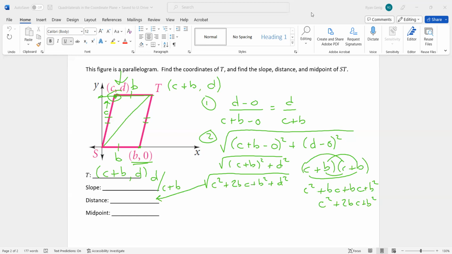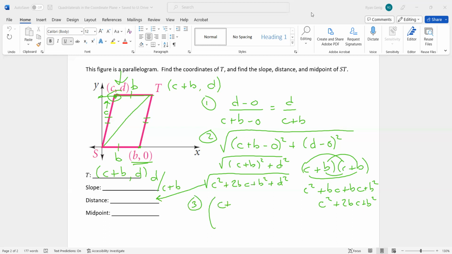All right, so that's your distance. Now, I could take numbers and put them in for b, c, and d to check. Something you can do. It would take you a little while, but you could do it to see if you're doing it correctly.